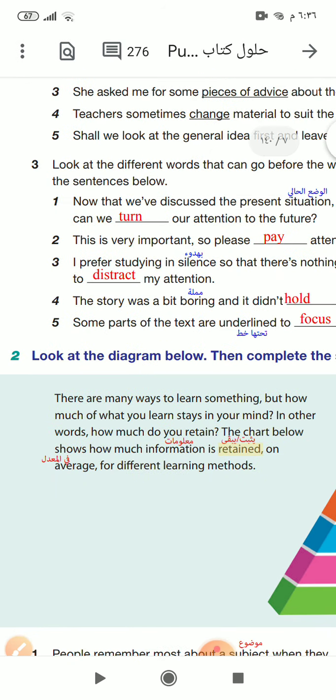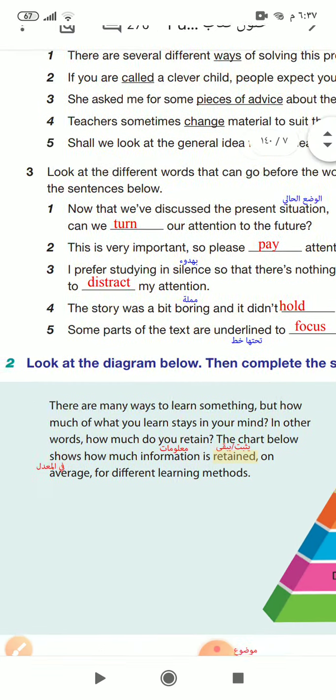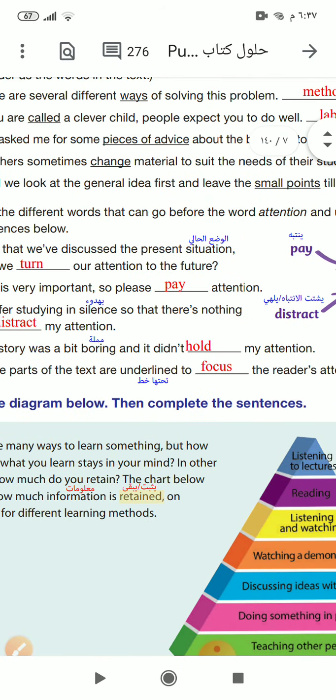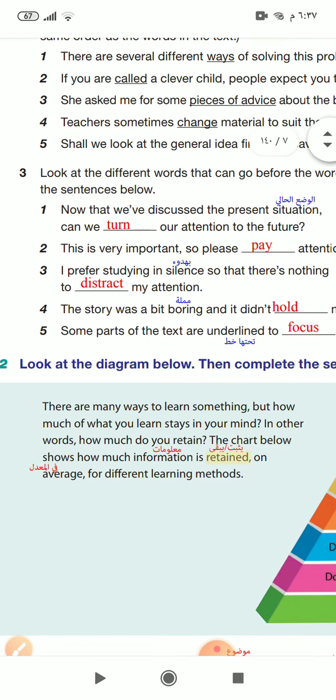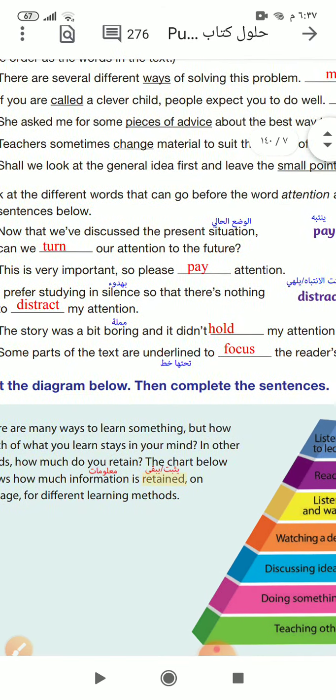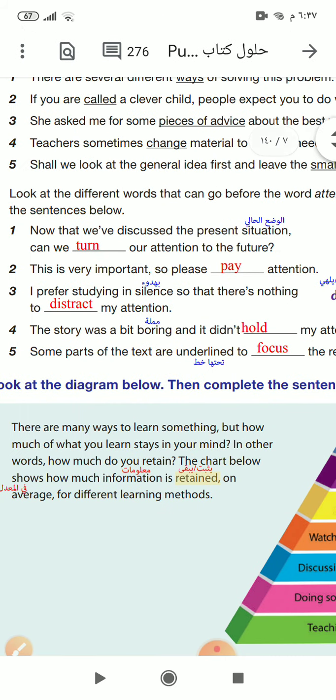Okay, I want you now to complete the next sentences with such words with attention. Number 1: now that we have discussed the present situation, can we turn our attention to the future? Number 2: this is important, so please pay attention. Pay attention, أعير انتباهك، هذه النقطة مهمة.